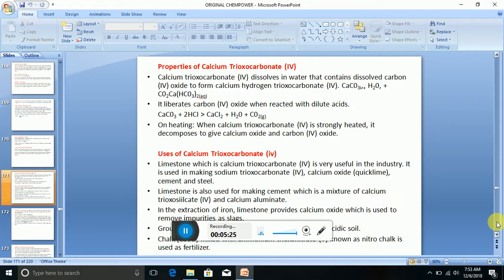Limestone is also used for making cement, which is a mixture of calcium trioxosilicate(IV) and calcium aluminate. In the extraction of iron, limestone provides calcium oxide, which is used to remove impurities as slag.